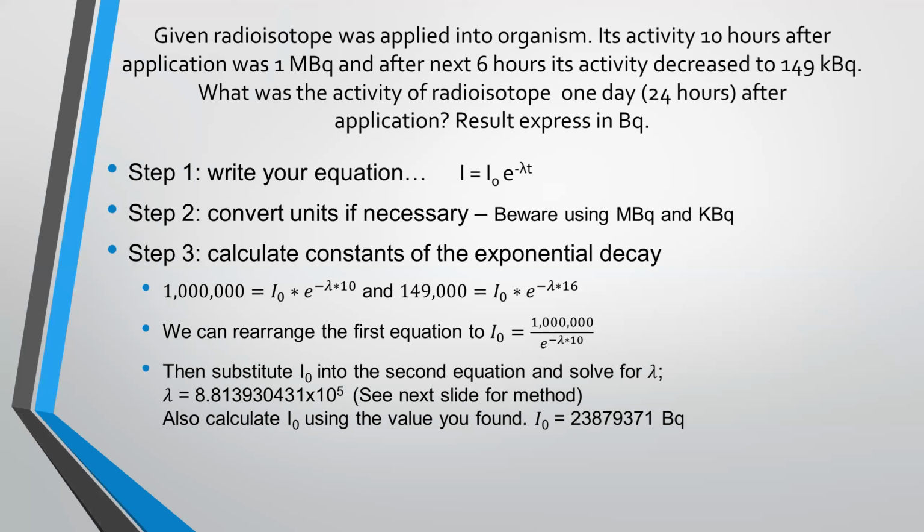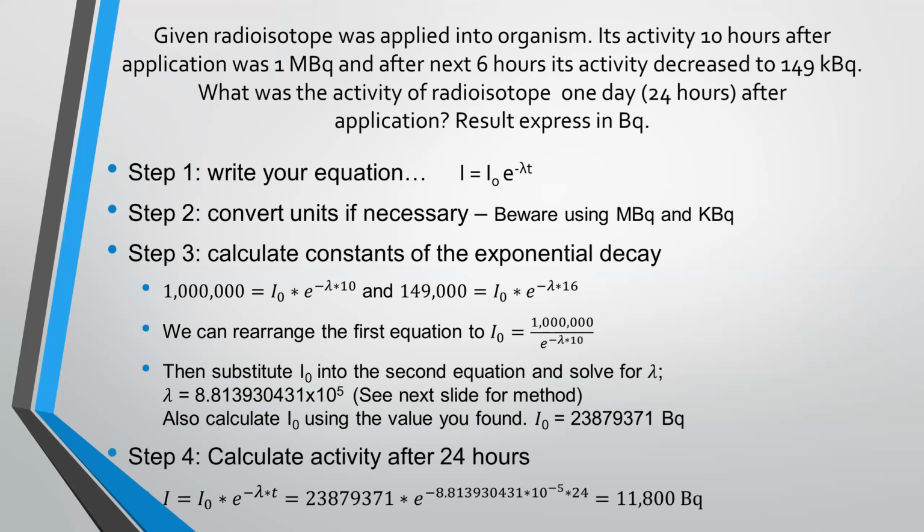We reuse this value of gamma in the initial equation, or the rearrangement that we did, and we can find the value of I naught. So we'll see how to do this calculation. And from that, we find the activity after 24 hours. So we first found the initial activity, and then we found it after 24 hours.